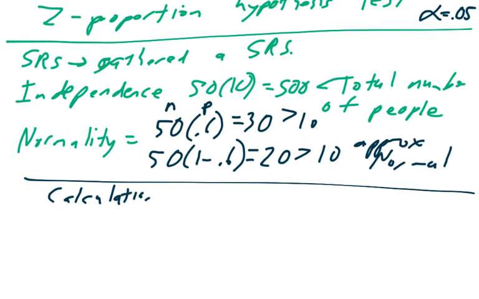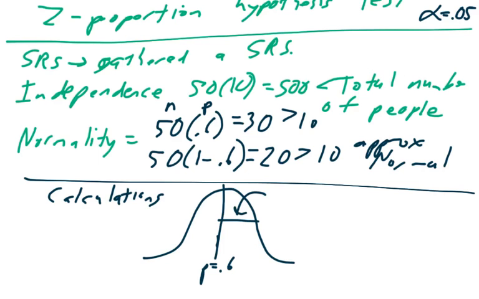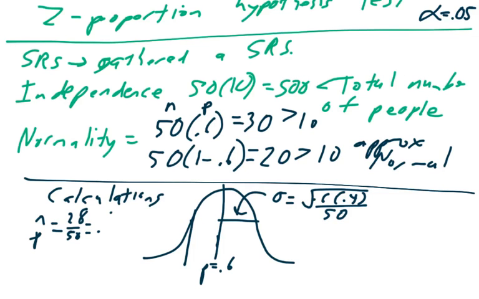Calculations. Here I got P is equal to 0.6. My standard deviation is going to equal the square root of 0.6 times 0.4 divided by 50, that's n times P. And somewhere over here is P hat, and P hat, which was 28 out of 50, is 0.56.